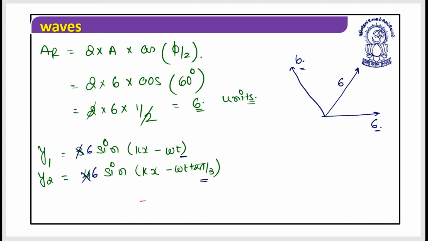So this is again 6, as I got, and this is 60 degrees. So the resulting wave could be given as 6 sin(kx − ωt + 60 degrees), and 60 degrees is π/3. I hope this is clear.